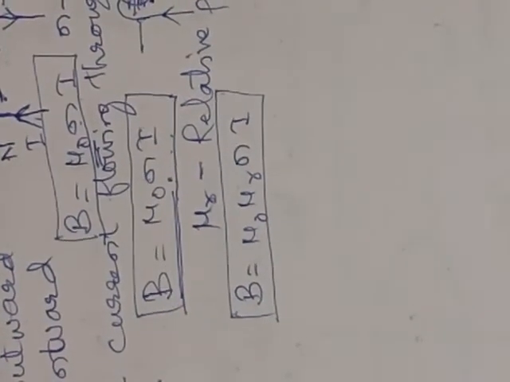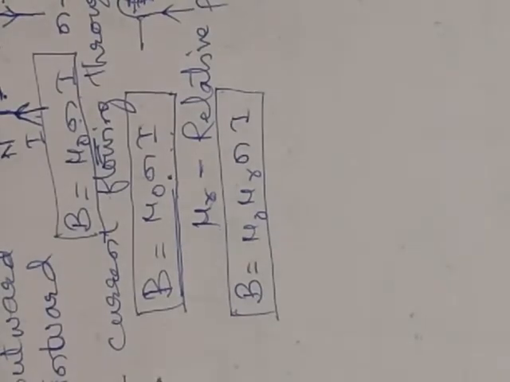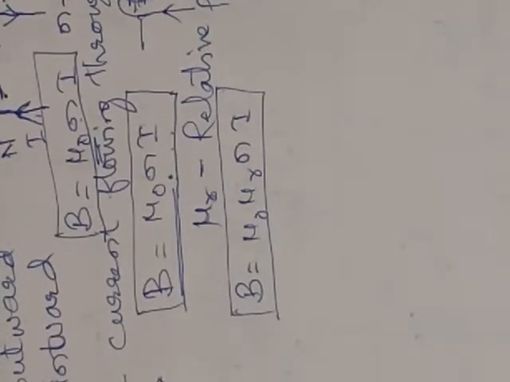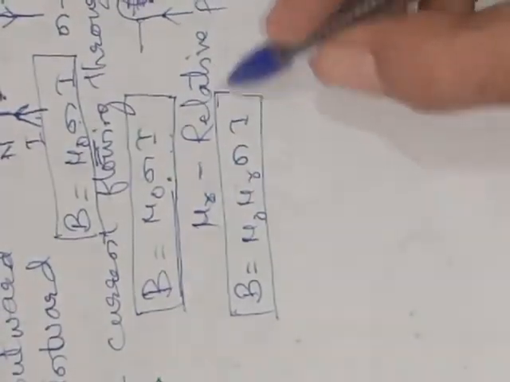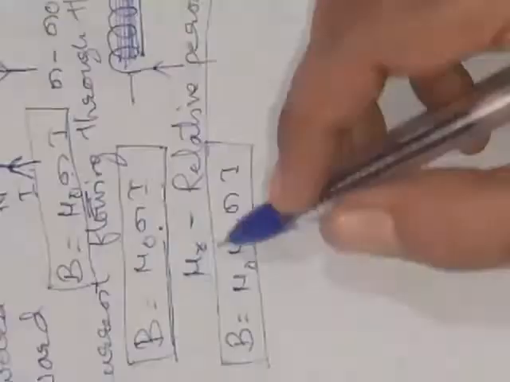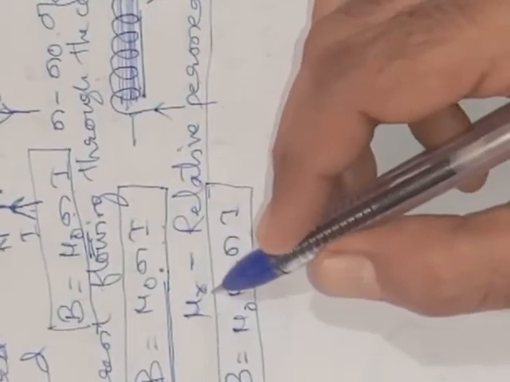Okay, so when we use the iron core, the relative permeability is given by mu r.